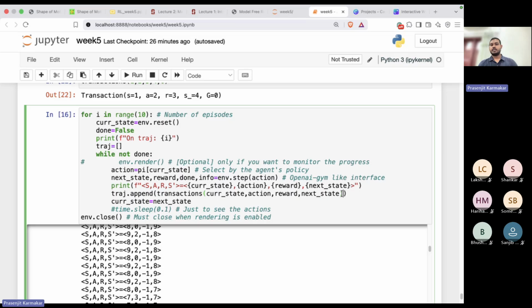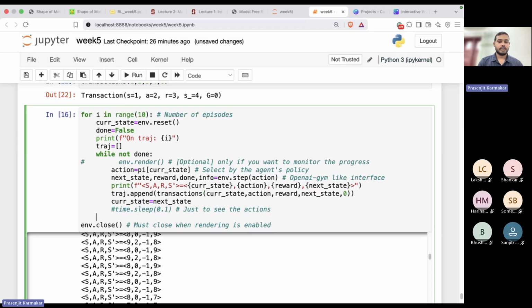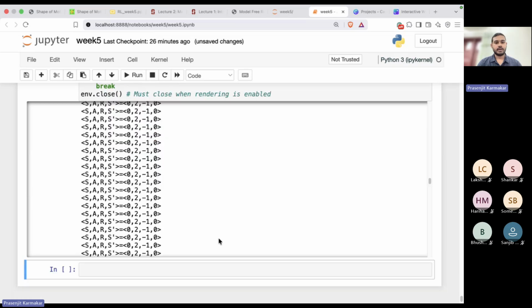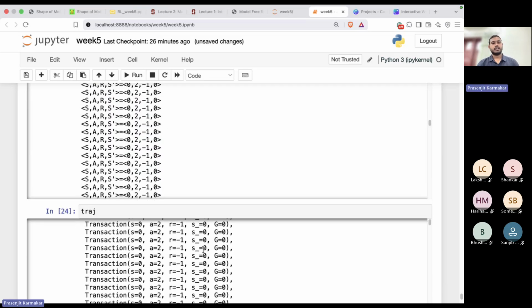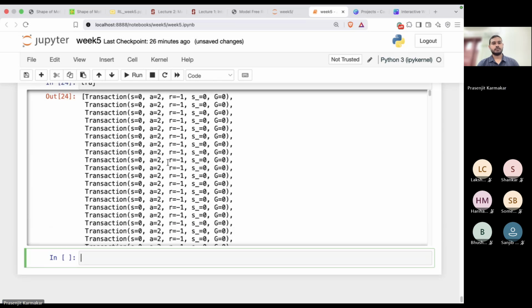Yes, this is how I can store these things. And because we don't have the return now, we can just put it to 0 for now. Let's see how our trajectory looks. We can just do a break for only one trajectory. Now we have a trajectory. This is how it looks.